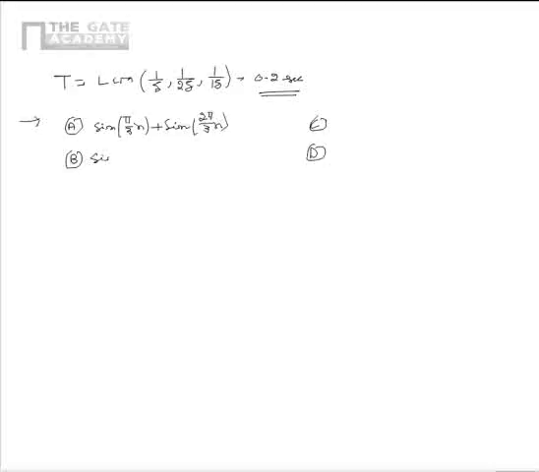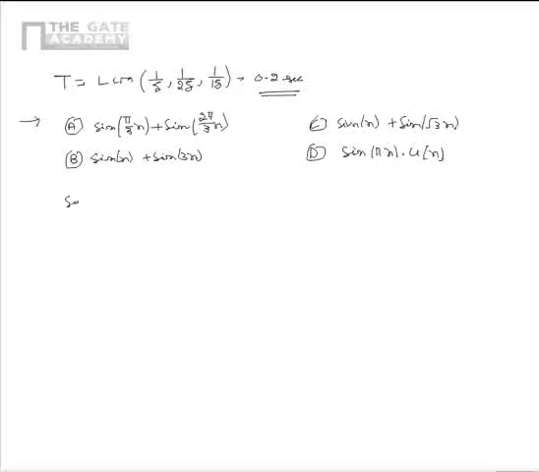Option B corresponds to sine n plus sine 3n. Option C corresponds to sine n plus sine of root 3 n. Option D corresponds to sine pi n multiplied by u of n.